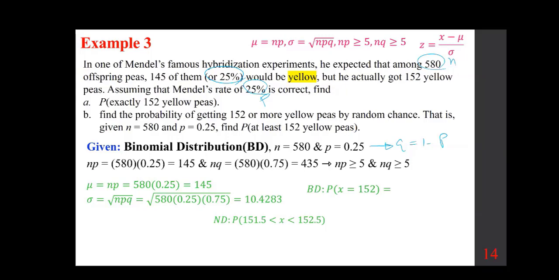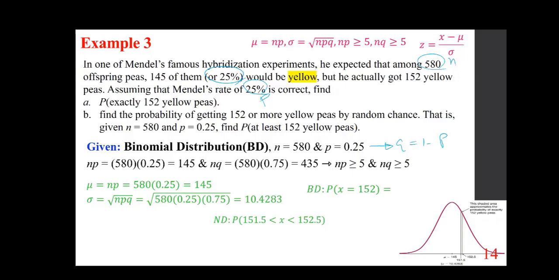We plug it into the formula. As far as the graph is concerned, I'm always interested in graphing the z. But just for the sake of argument, 151.5 to 152.5 is a small strip. So therefore, a small probability is expected.